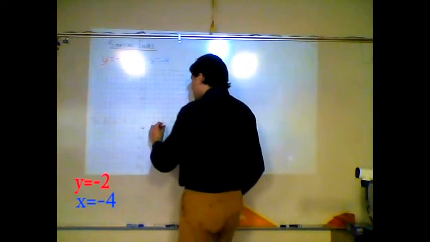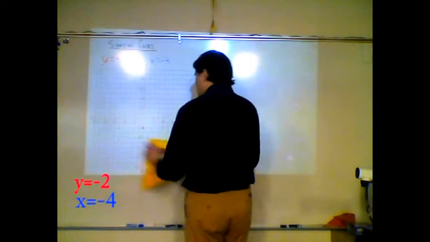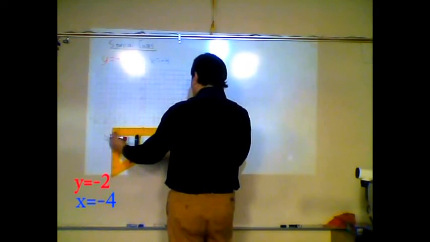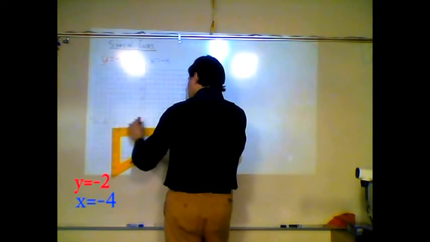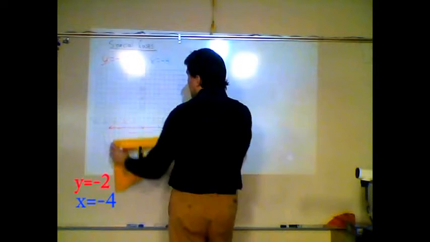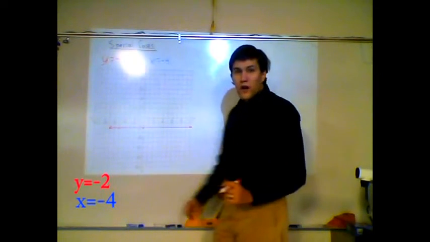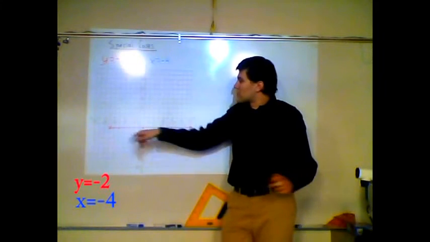So a slope of 0 gives us a horizontal line, like so. We'll draw in a couple of points and put our line across that. So we have our horizontal line, y equals -2.